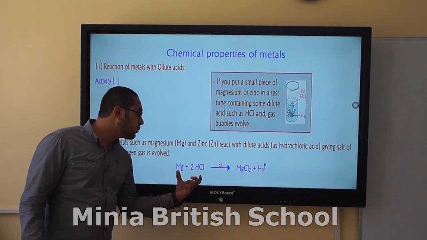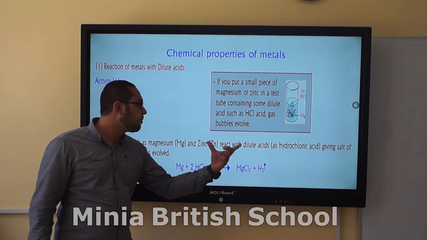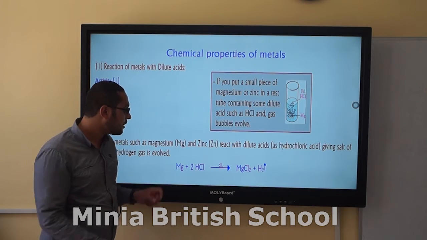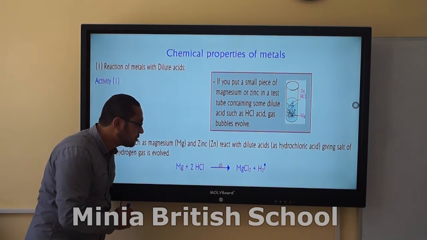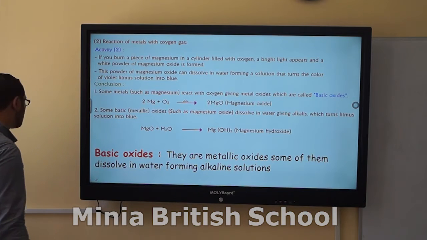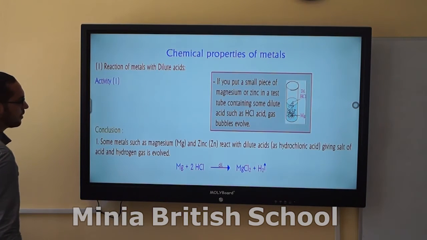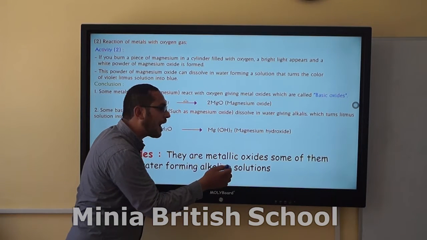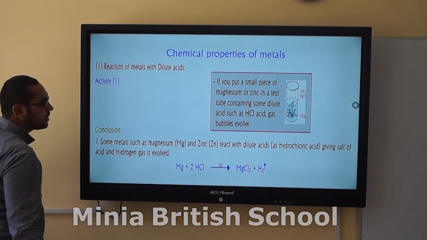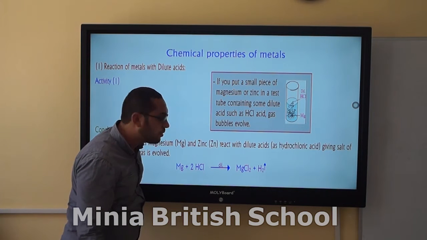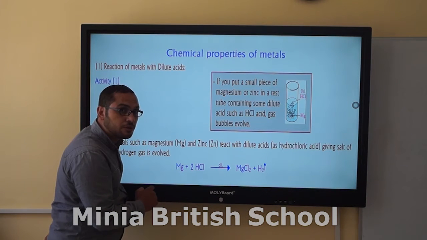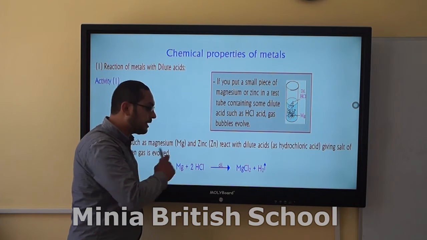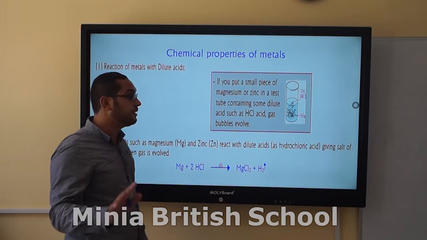This part of the equation is called the reactants, and this part after the arrow is called the products. So why do you put the number 2? Because in the products we have 2 hydrogen atoms, so we put 2 here, which multiplies both the hydrogen and the chlorine. That's clear.